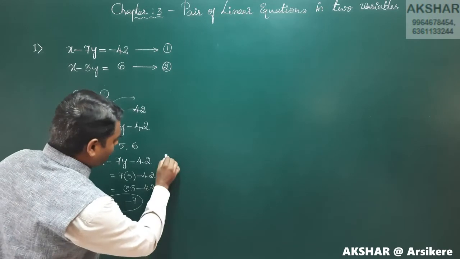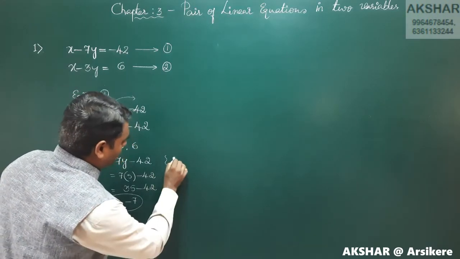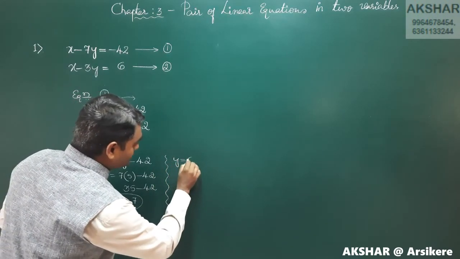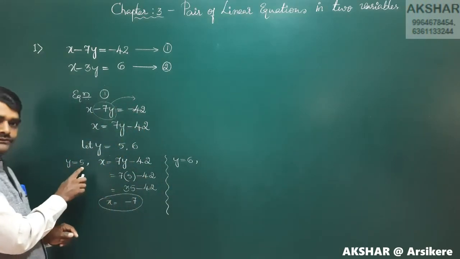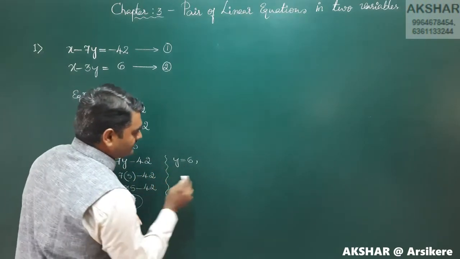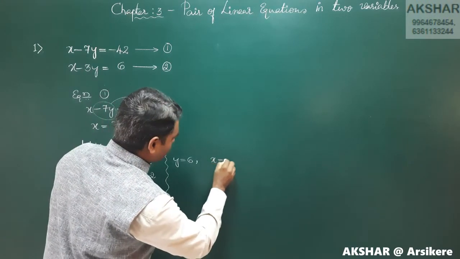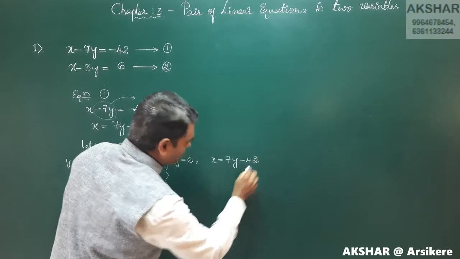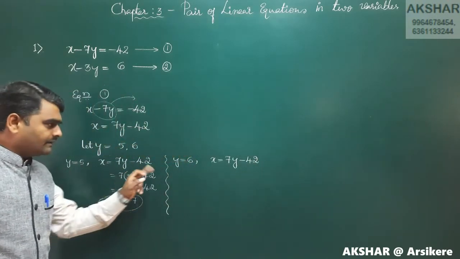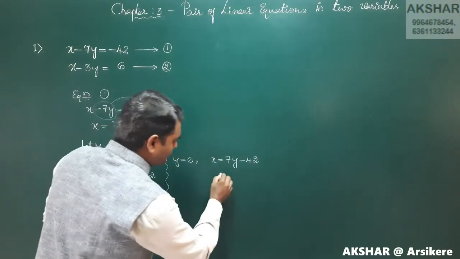In the same way, if y is equal to 6, observe here, I assumed y is equal to 5, and here I am taking y is equal to 6. The equation is x equals 7y minus 42, the same equation.